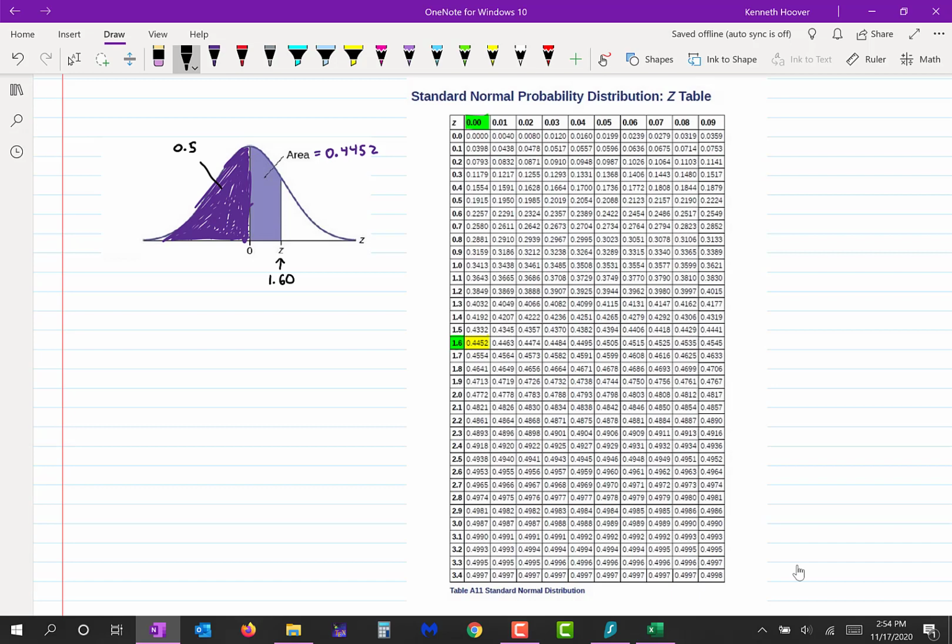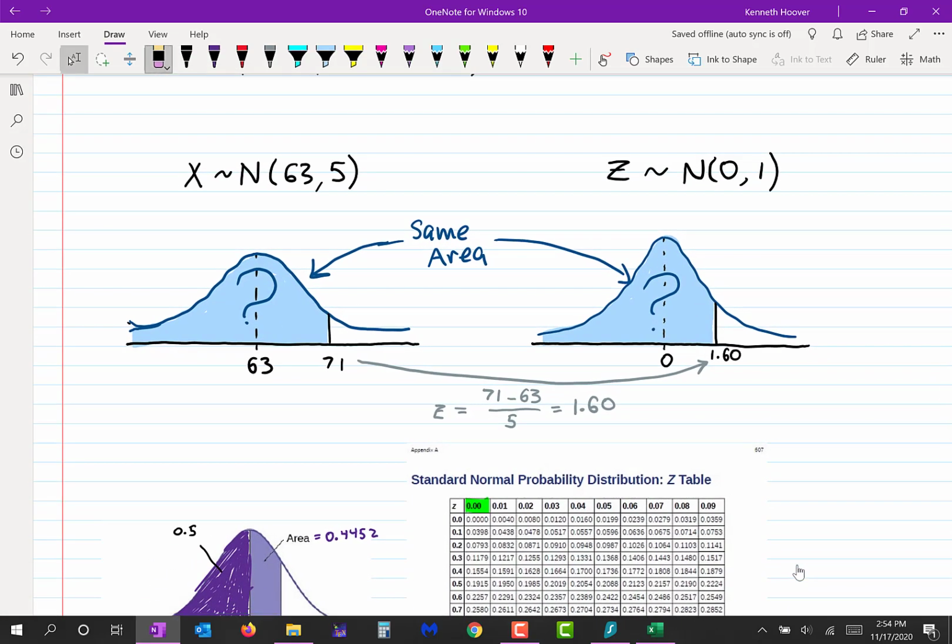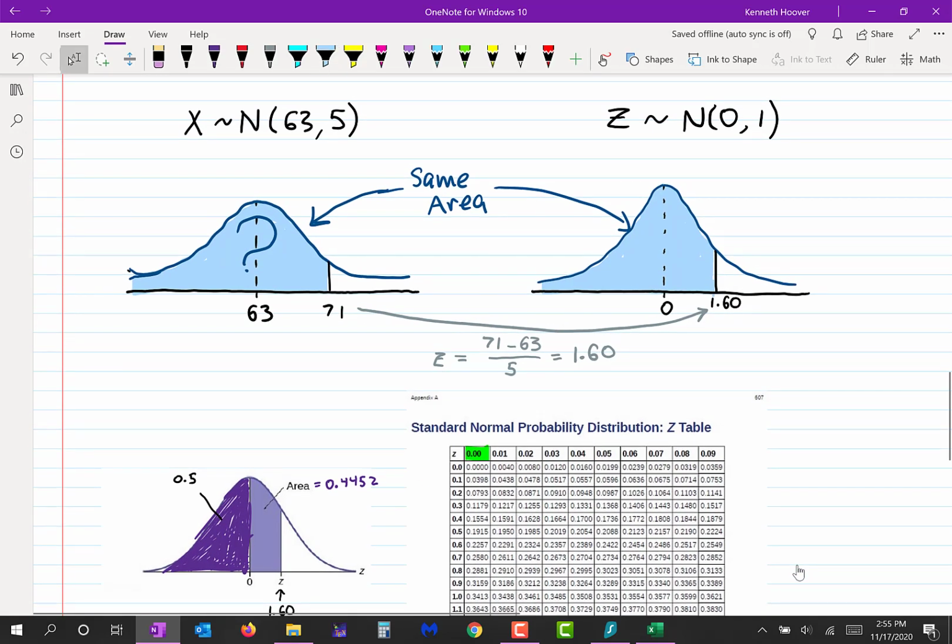It's 0.5 plus 0.4452, so it's 0.9452. That is this area here. Okay, you can actually still see the picture there.